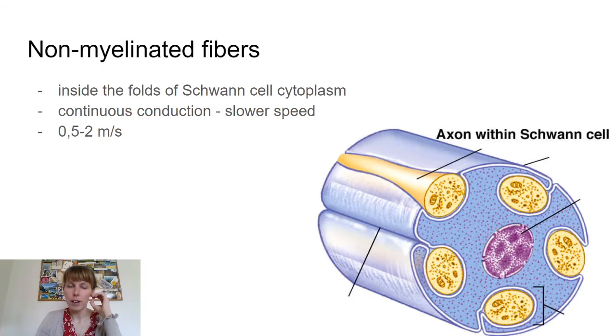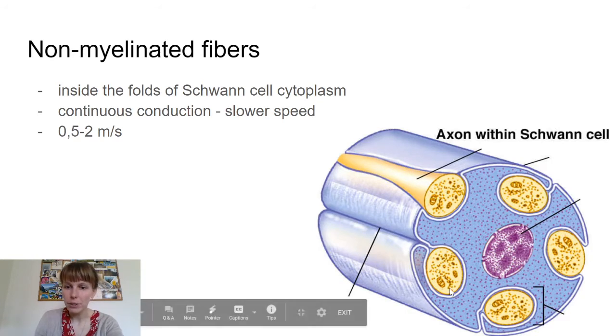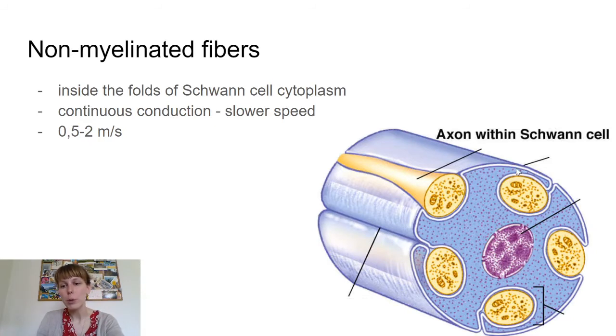However, there are also the non-myelinated fibers, and these axons are not totally unprotected because they are engulfed in the cytoplasm of the Schwann cells. So here we don't see the wrapping. We just see one layer of cytoplasm and plasma membrane around the axon anyway.